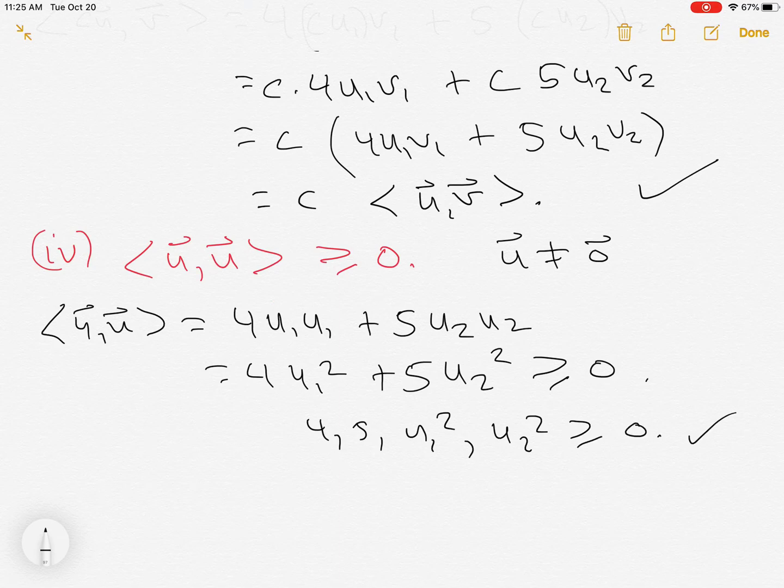So check. And now this thing that we defined is an inner product. It's very tedious, but I still have memories of doing this.